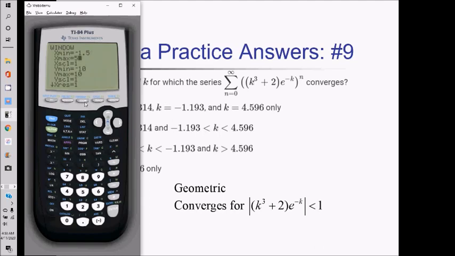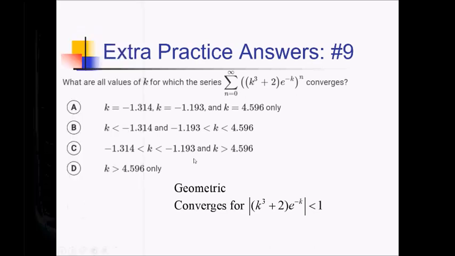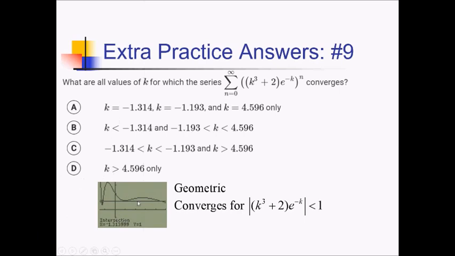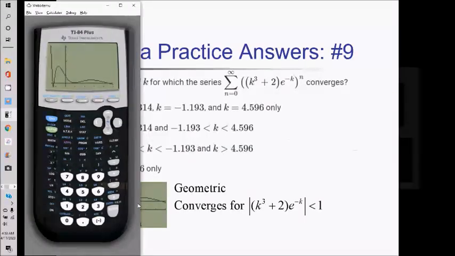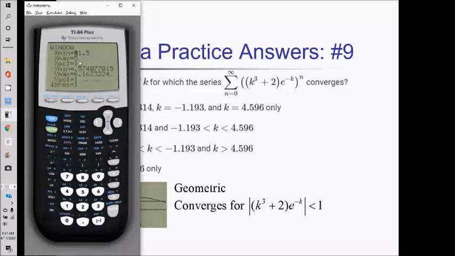And then let me do zoom, fit, zoom 0. And let's see what this looks like. Okay. So there is one function, there's the other function. So here is just kind of a picture of what all this is looking like. And you can move your window down a little bit. Let me just go to window and make my y min be, say, negative 1, so I can see just a little bit more here.